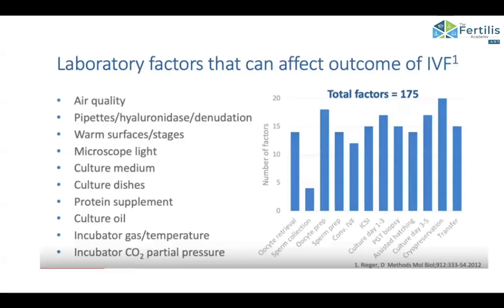This slide says that the total factors in the lab which are to be controlled are 175, and half of these factors you control even without knowing them. The chief factors, just a few examples, are air quality, pipettes, hyaluronidase, plastics, denudation, temperature of surfaces, light, culture medium, dishes, protein supplement. So many, as you read more, you come to know more.